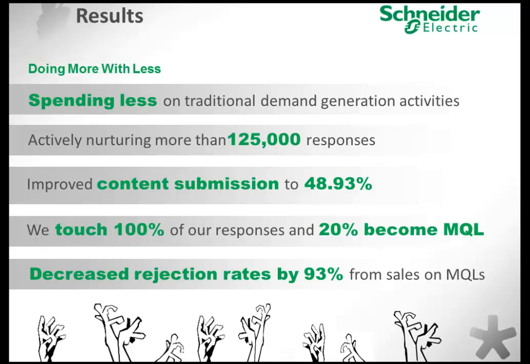When we say touch, it's either through a phone call or through the email automation. And the other big thing is that based on budget cuts, we are spending less on our traditional demand generation activities, but we've enabled ourselves to talk to about 15% more of the prospects than we've been able to talk to in the past.